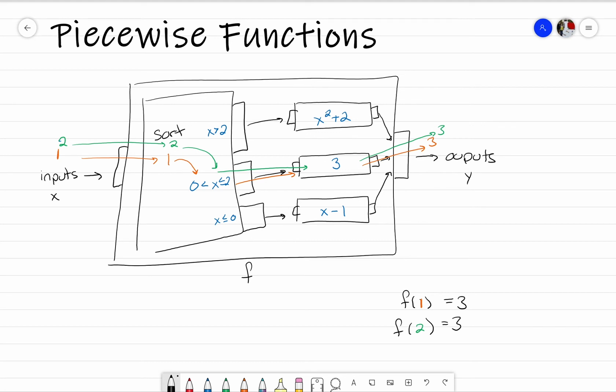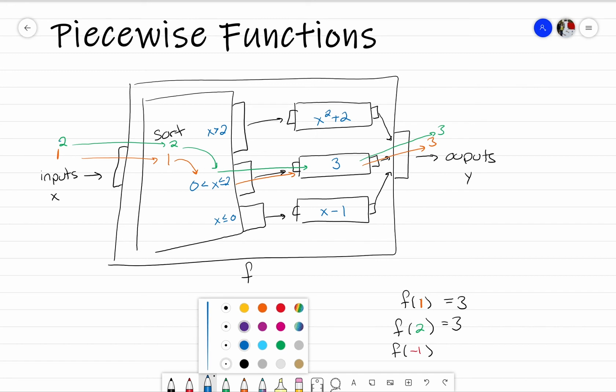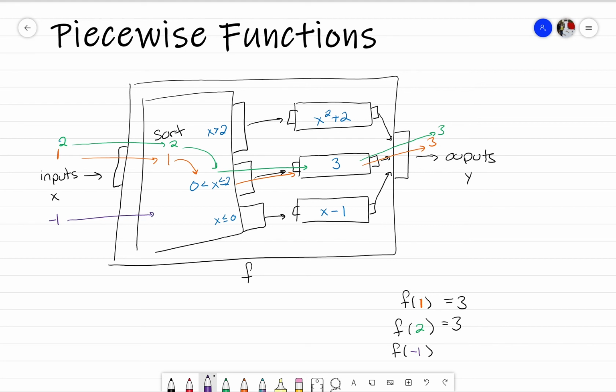Let's do one more that maybe goes into a different bin. Let's do f of negative 1. Let's do that one in purple. So our input is going to be negative 1. We plop that into our sorting machine, and we say, okay, which bin does this fall into?